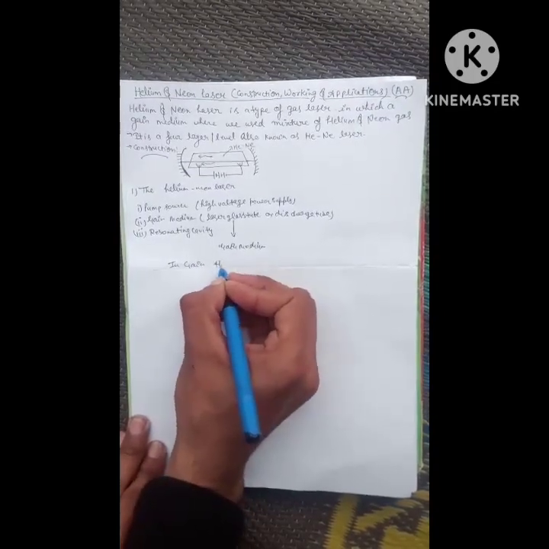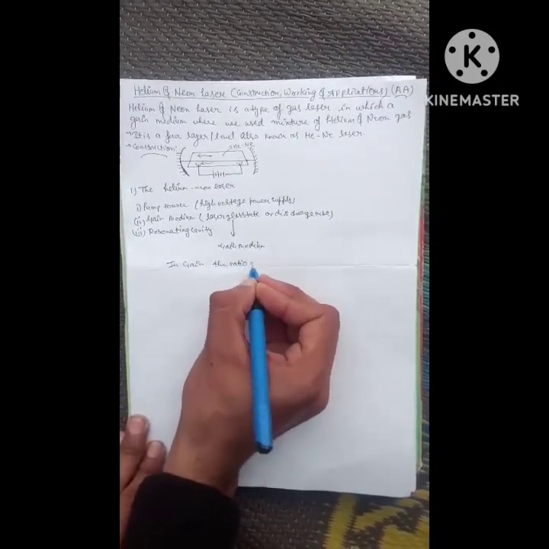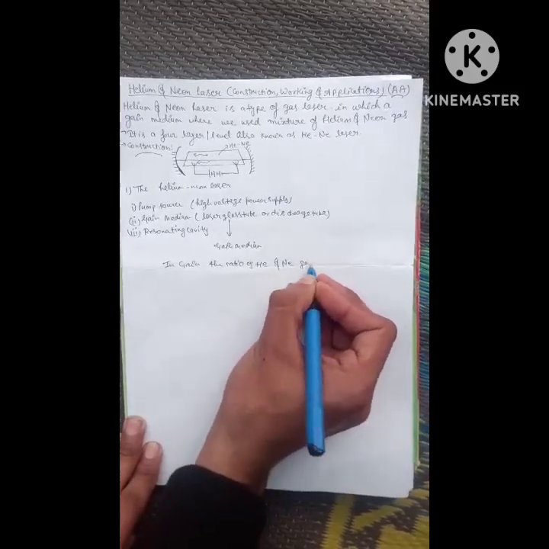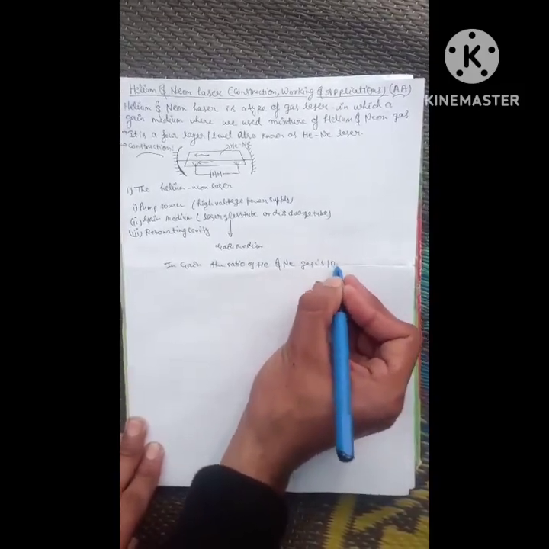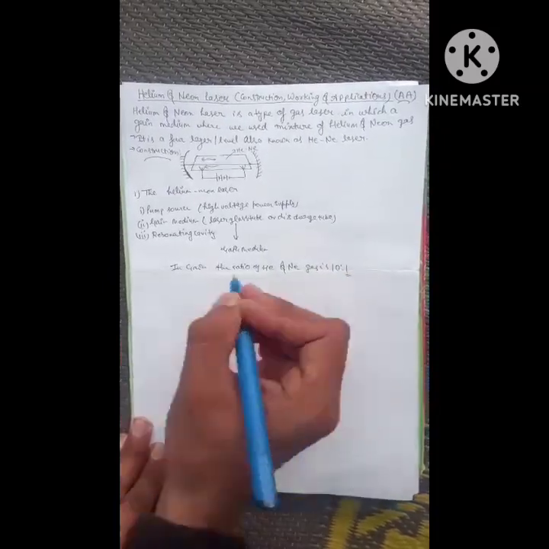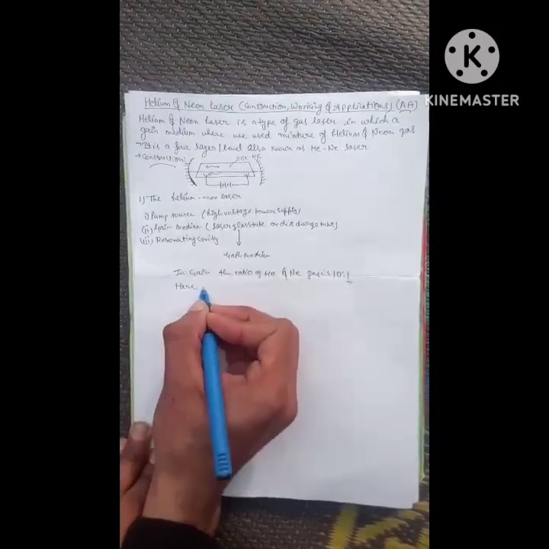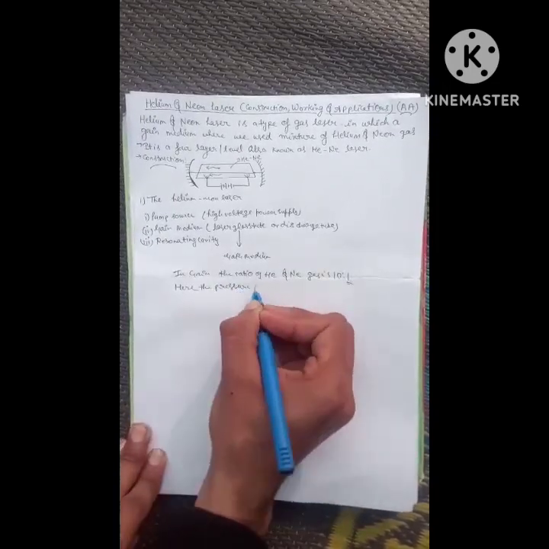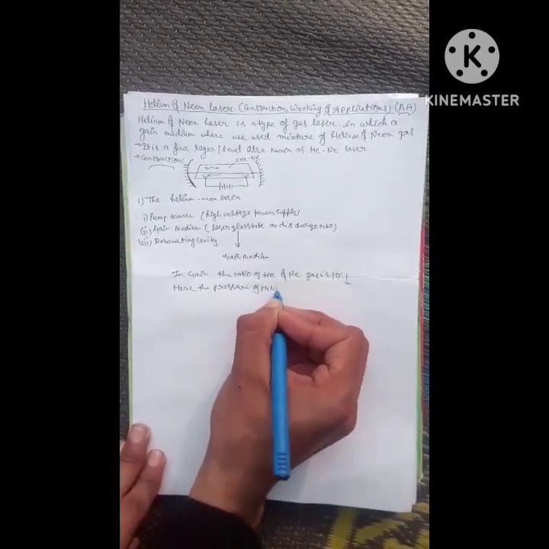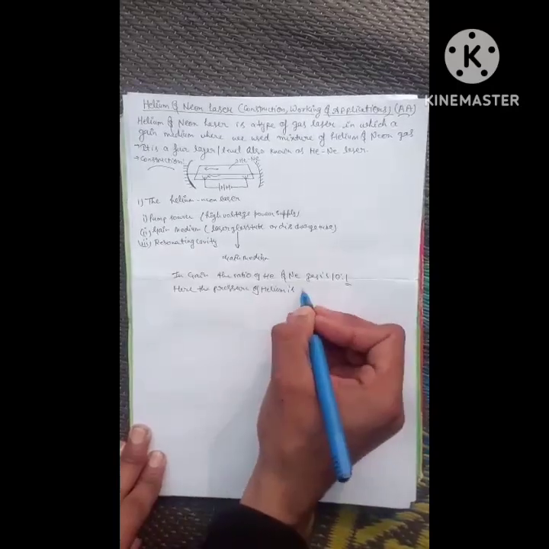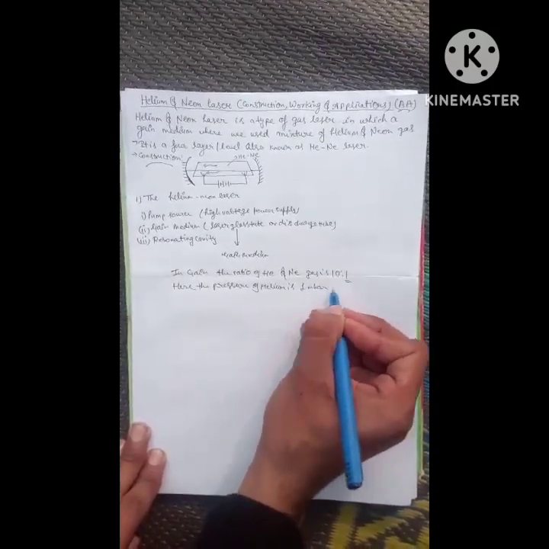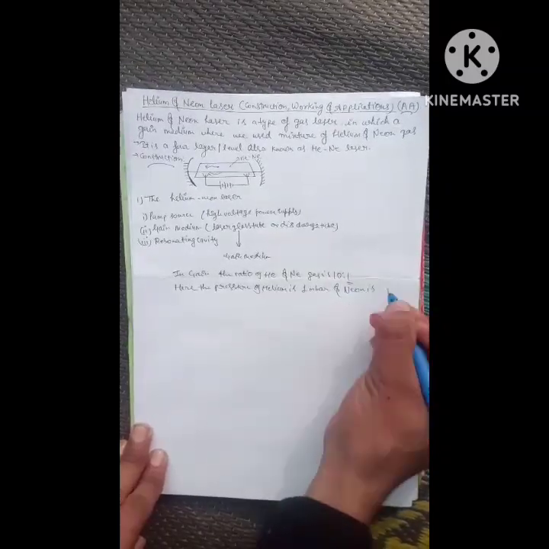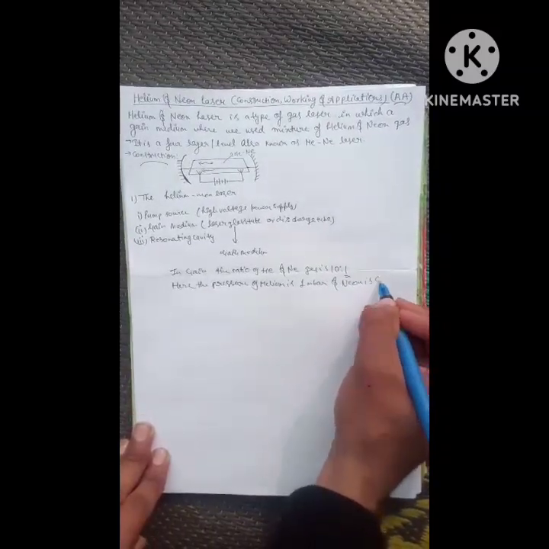The ratio of helium and neon gas is 10:1. Here the pressure of helium is 1 mbar and that of neon is 0.1.